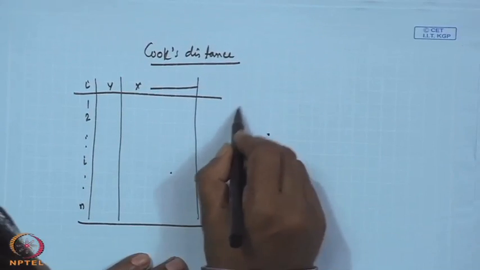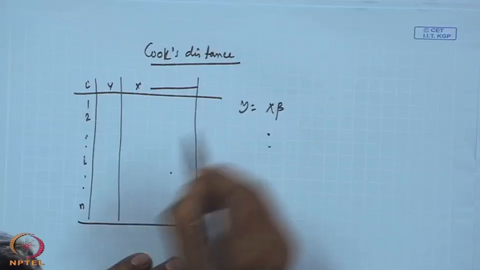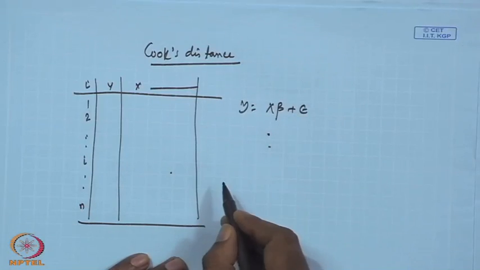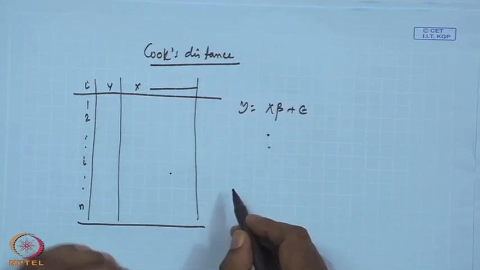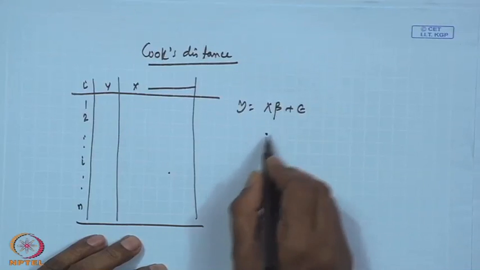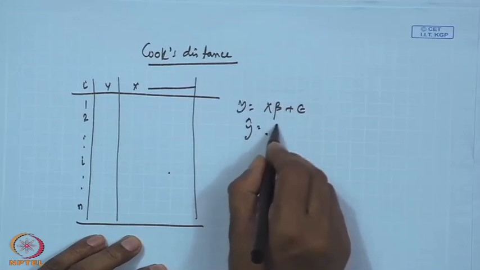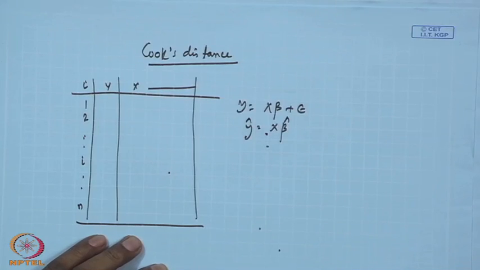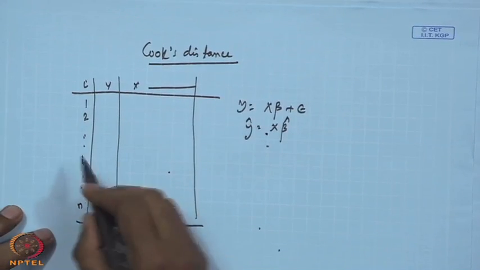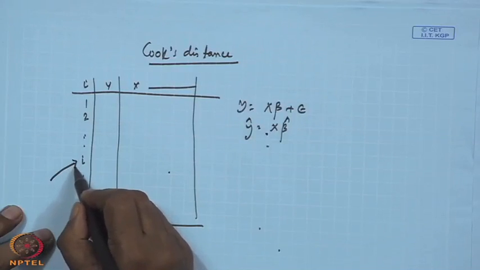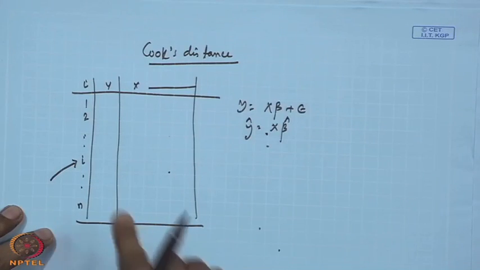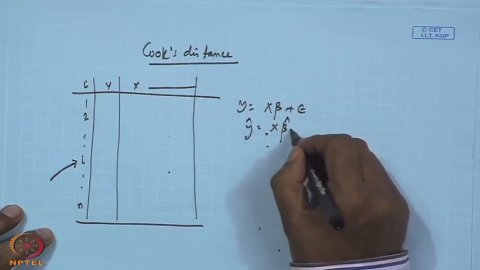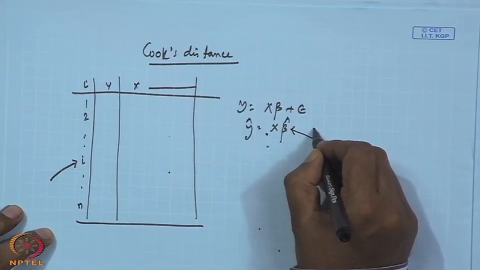And you have used the regression equation like this, y equals x beta plus epsilon, and using all the observations you have computed y cap equal to x beta cap. Now, what is our interest? Our interest is, we want to know whether the ith observation is influencing the regression estimate or not.